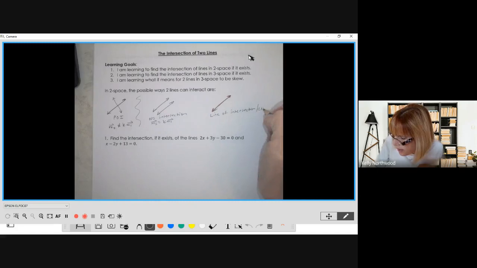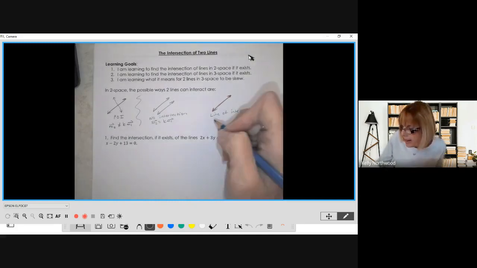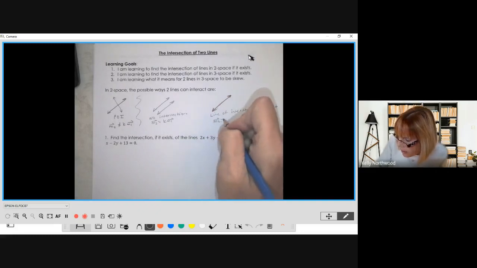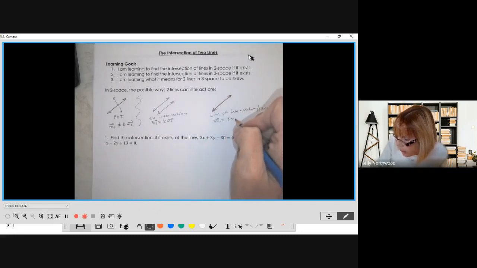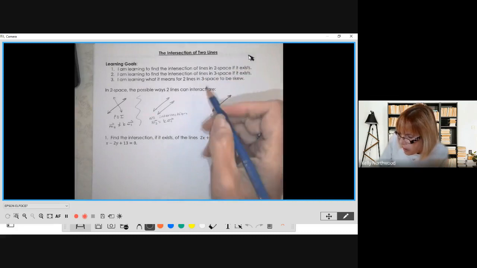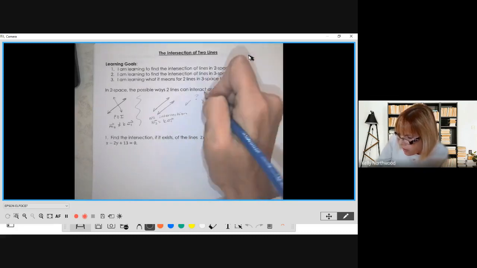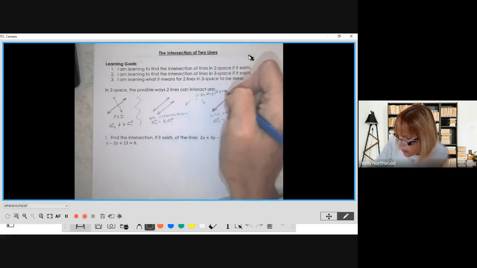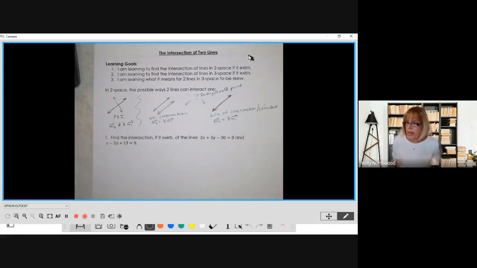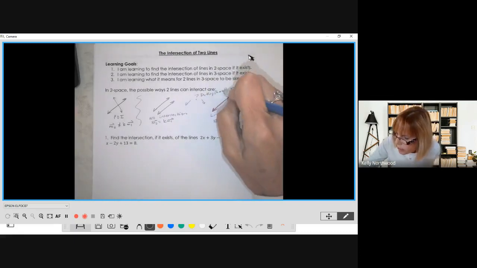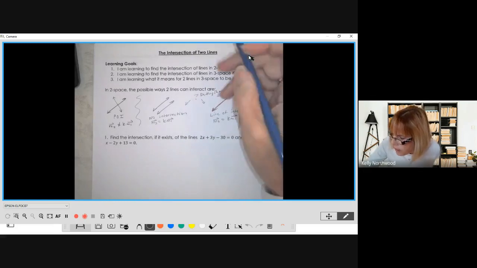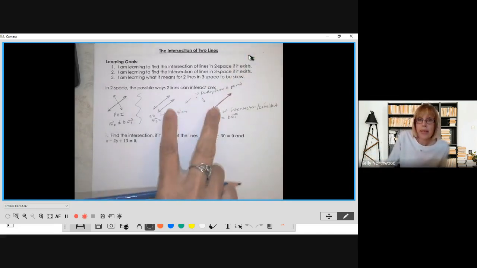So coincident is what we say geometrically, but it's a line of intersection. And again, that's if the direction vectors are scalar multiples. And how do you decide between these two? Do they share a point? They share one point, or they share all points. So is a point we know on one also on the other? That's how you differentiate between these two outcomes here.